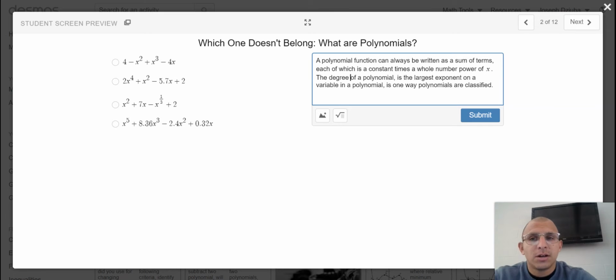Define the degree of a polynomial to be the largest exponent on a variable in a polynomial, which is one way that polynomials are classified. So in the case of our first expression here, we would say that this polynomial is a degree 3 polynomial because the highest exponent in this instance is a 3.